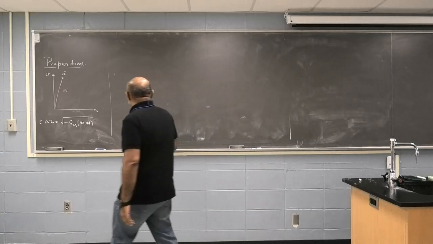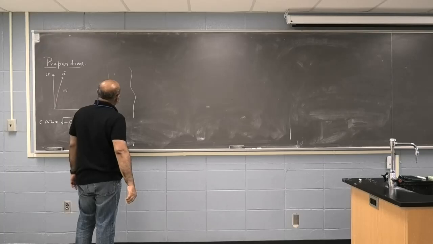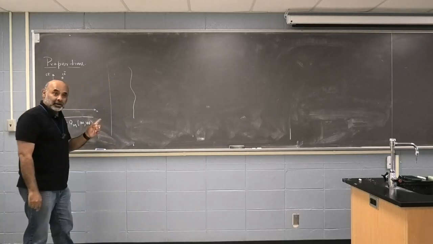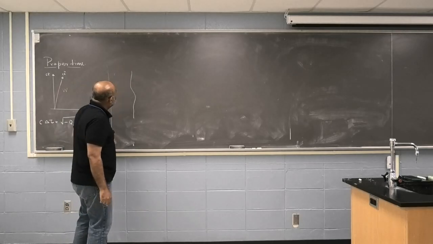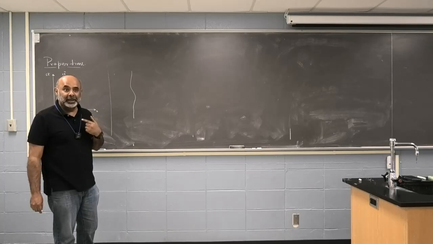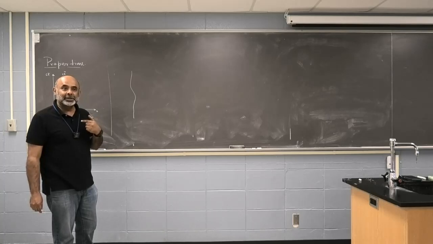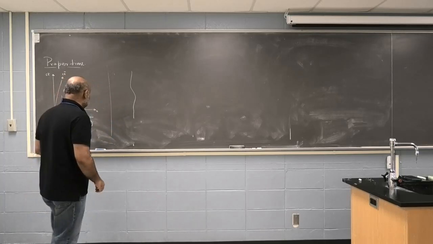So suppose you have an accelerating particle. At all points I would like the forward velocity to be time-like, which means the slope has to be greater than 45 degrees. Let's assume I've done that.